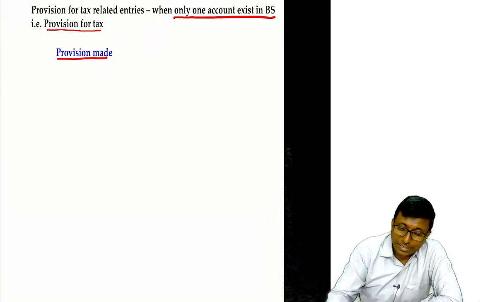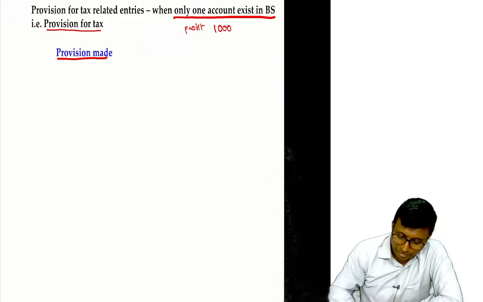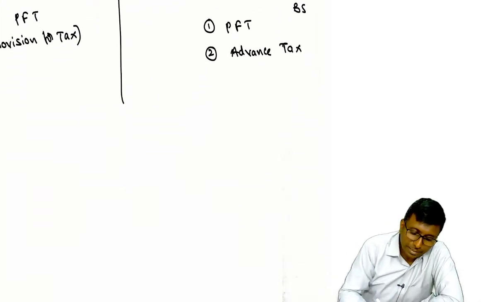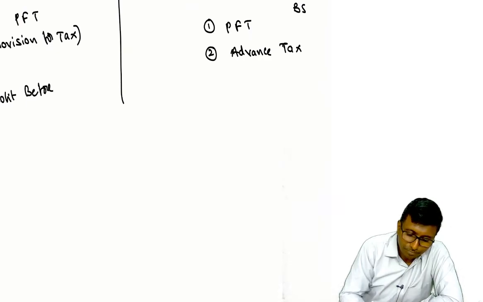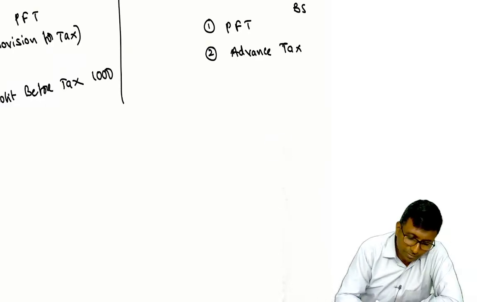Say, for example, you have got 1000 rupees of profit. I'll write it in this sheet. Sir, I have got a profit before tax, 1000 rupees. Where did you compute this provision for tax? Obviously in the statement of profit and loss.